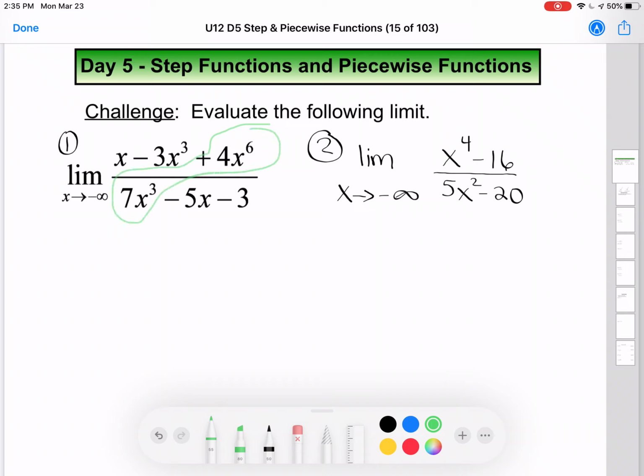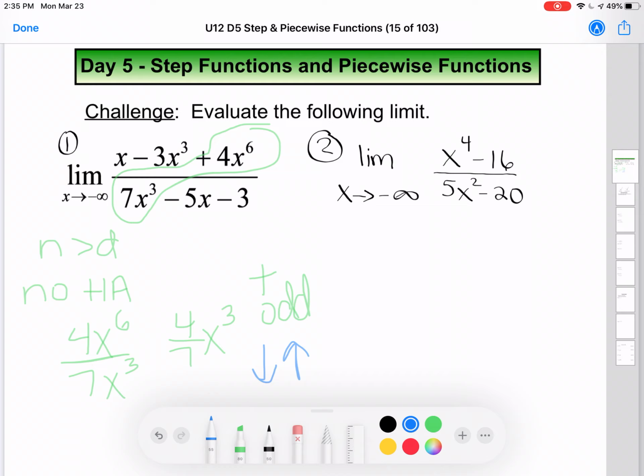So we can clearly see here that we have n is greater than d. So there is no horizontal asymptote. So we'll take 4x to the 6th and 7x cubed, and we'll just reduce it to get 4/7 x cubed. So now we have positive, odd. Positive, odd is righties up.